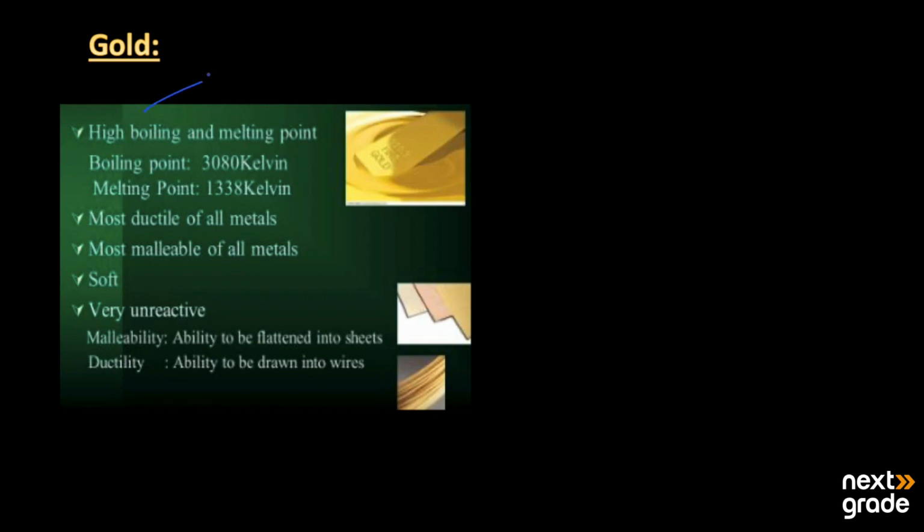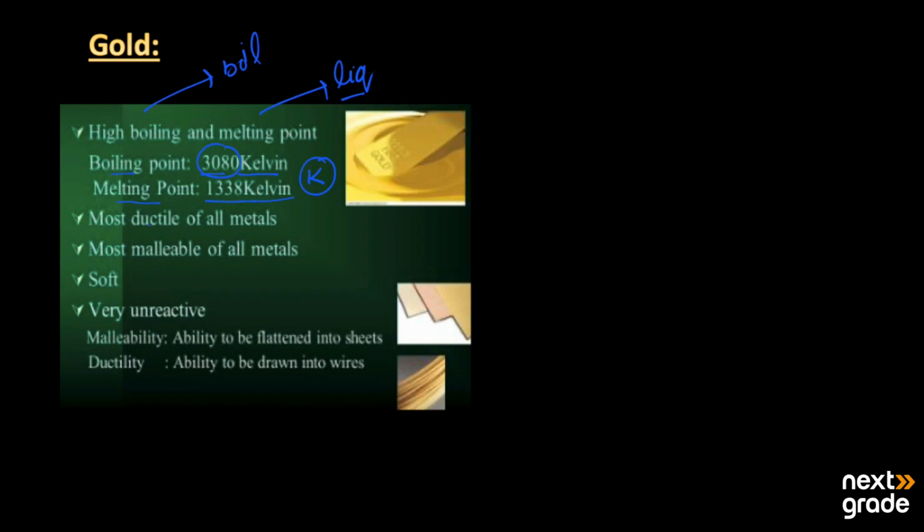The boiling point means the temperature at which it starts to boil, and the melting point means the temperature at which it starts to melt, changing from solid into liquid. The boiling point of gold is 3080 Kelvin, which is a very high temperature. On the other hand, the melting point is 1338 Kelvin. The unit Kelvin is the standard SI unit of temperature.